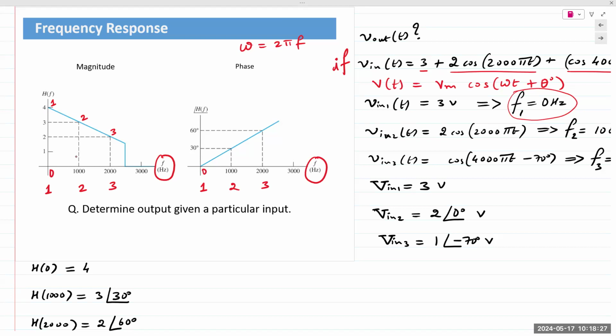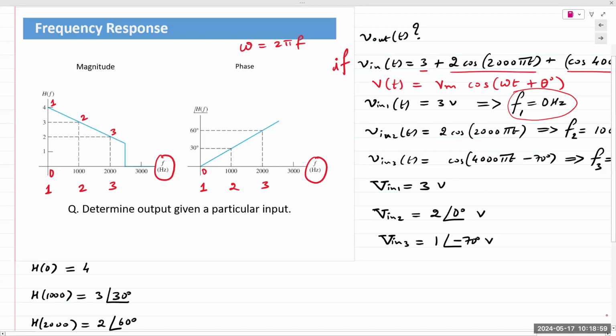H of f is described graphically. We simply need to determine how that circuit behaves at that given frequency. And we obtain the information from those charts at those 3 points, f1, f2, and f3. From f1, f2, and f3, we extract the values for the magnitude and phase of H of f.